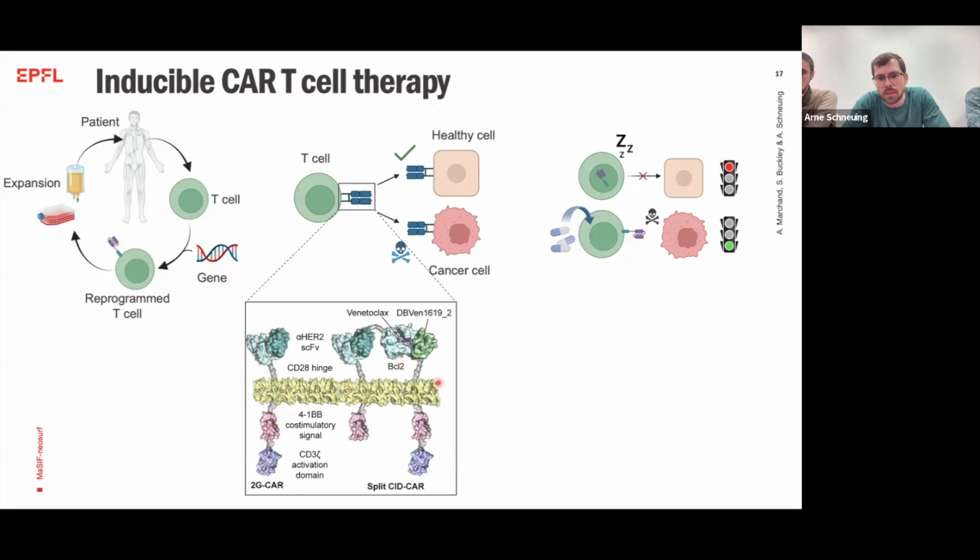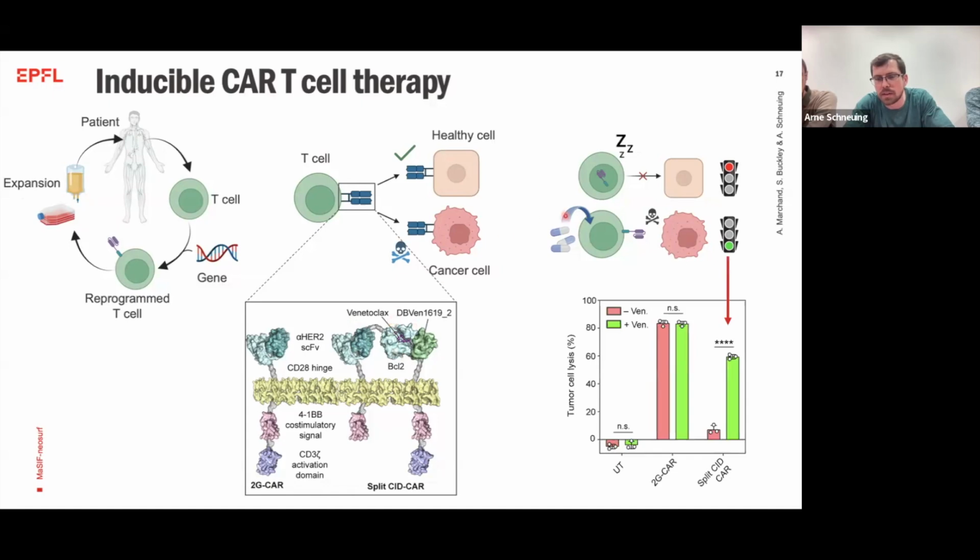So what Madalena in our lab did is split the activation domain from the receptor. So even if your CAR T cell binds the biomarker, it doesn't activate a signal unless the other chain comes together, which in this format is controlled by the BCL2 venetoclax CID.